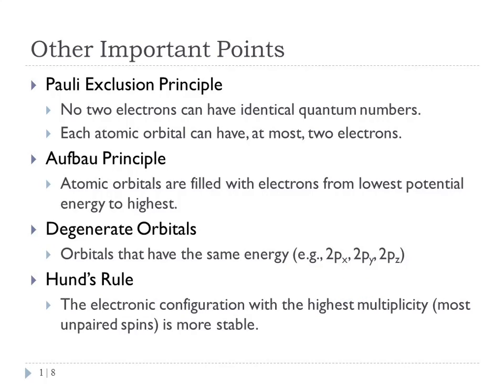They all have the same energy, so we say they're degenerate. And Hund's rule tells us that the electrons will occupy those orbitals individually with parallel spins before they pair up. Another way to say that is the electron configuration with the highest multiplicity is more stable.